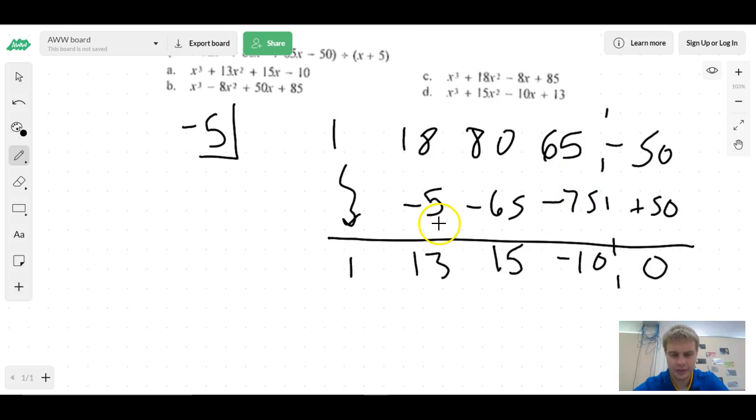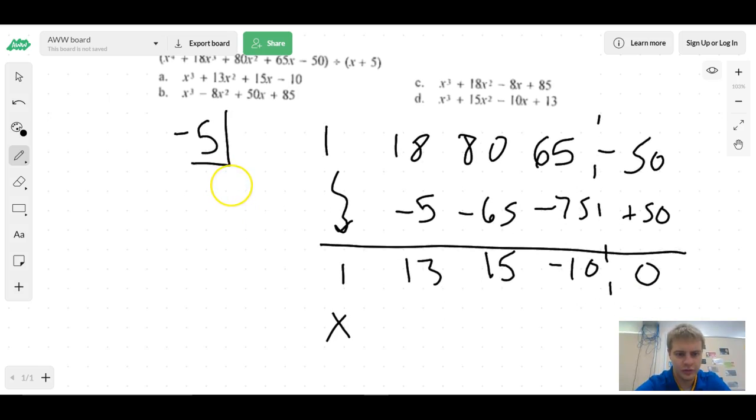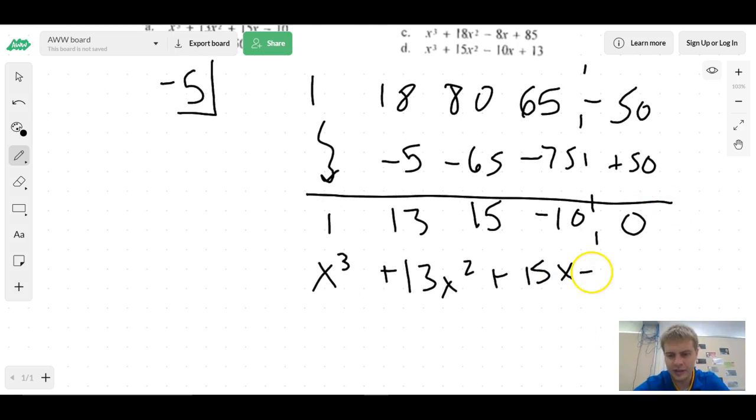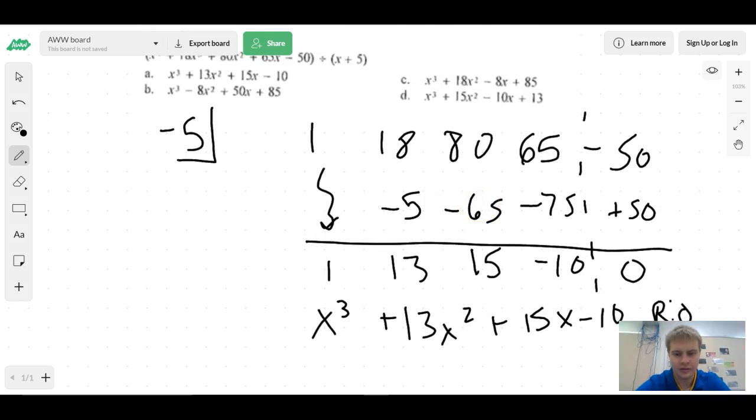Then we have to figure out what to write down. Since it started out as a 4th degree, it will be 1 lower. So that's x to the 3rd, 13x squared, 15x, and -10. And we have a remainder of 0. So it looks like my answer would be A.